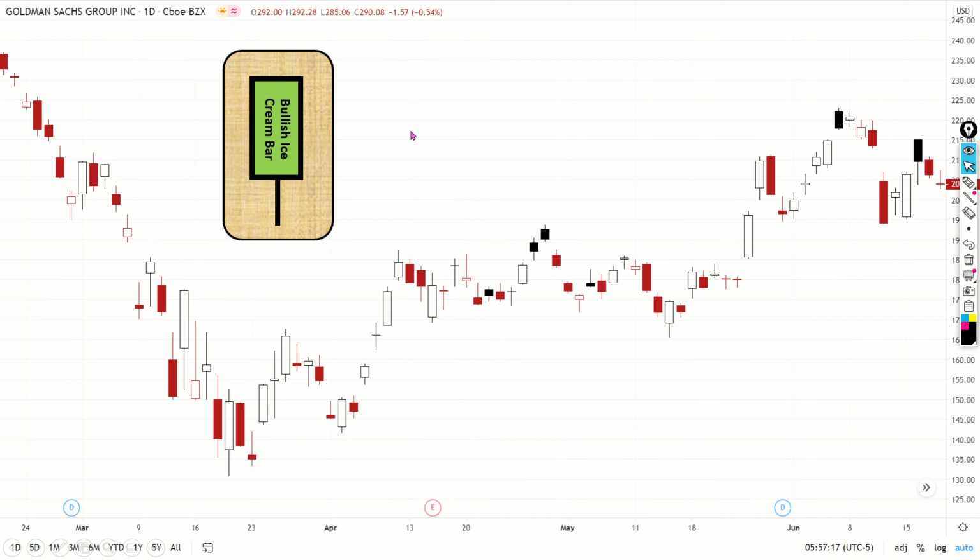Alright, so now let's look at the charts right here, and where can we find these candles? Of course we can find these candles any place in the chart. Here this is one, and this is a big one. This is also considered a bullish ice cream bar, although it has some upper wick up here, but generally the entire bar is bullish.